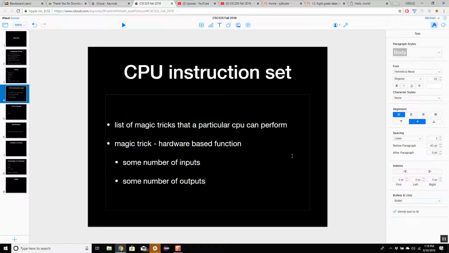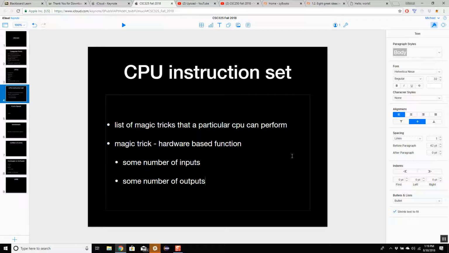Typically, when we think about functions, we think about single outputs, but some more modern languages do allow multiple outputs. And even when they didn't specifically support multiple outputs, we could have them by returning an object that has multiple things in it, right? You want to return 6 things? Here's an object that has 6 things in it. Return the object. So a magic trick is effectively a function built in hardware.